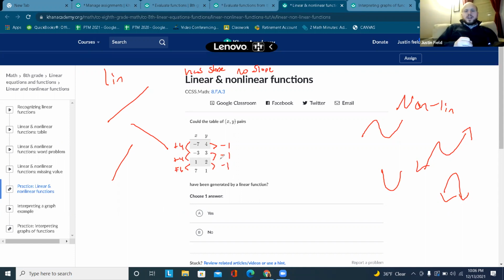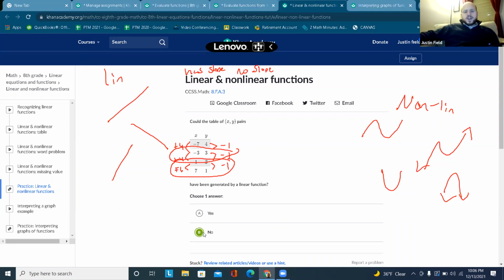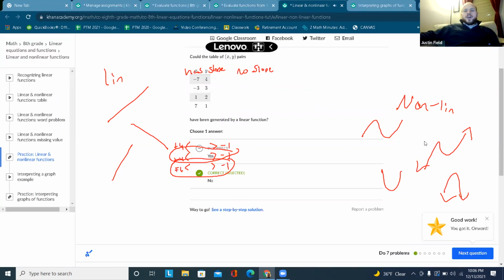So you can see adding 6 and subtracting 1, where previously we're adding only 4, subtracting 1, is not a constant rate of change. So the answer here is no.